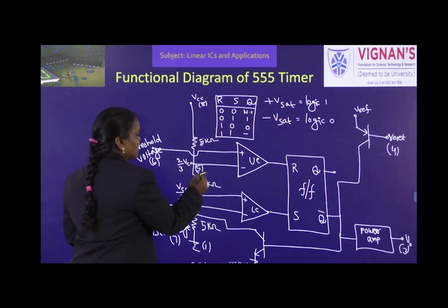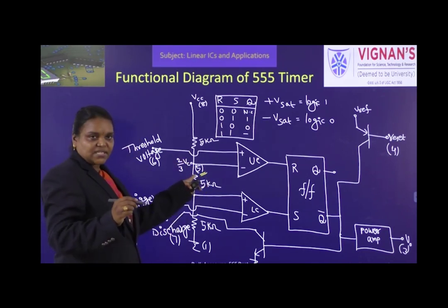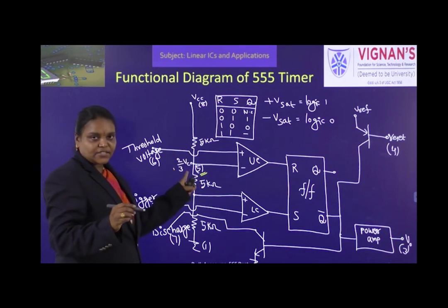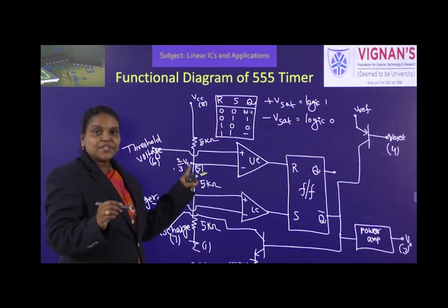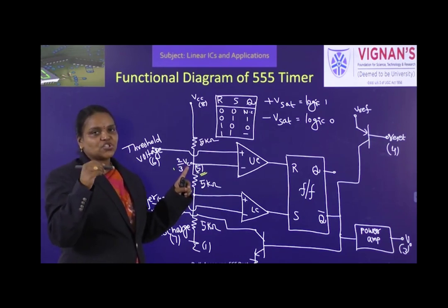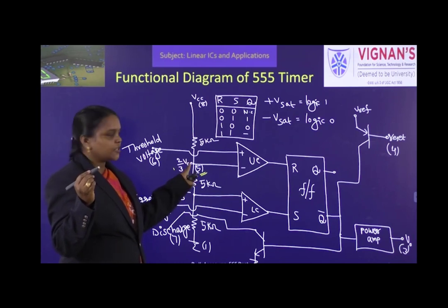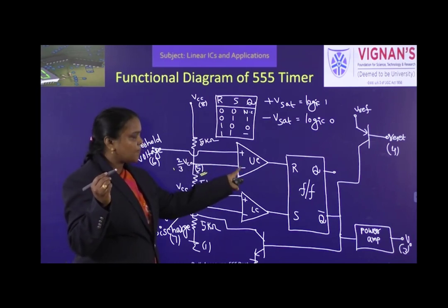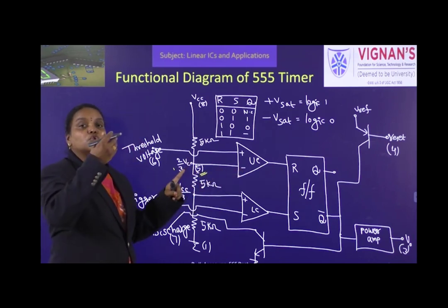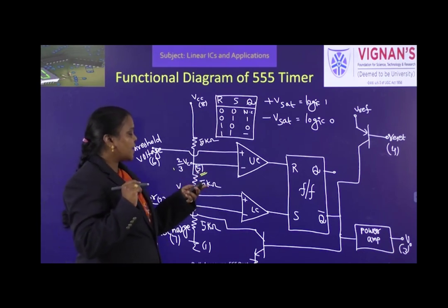Here, in addition to 2/3 VCC, if I give the message signal also, 2/3 VCC is DC, but the message signal is an AC signal. So from time to time, its amplitude will be changing. And the resultant signal at this point, the inverting pin of the upper comparator, becomes 2/3 VCC plus m(t).